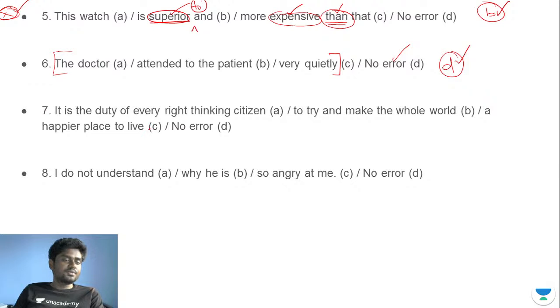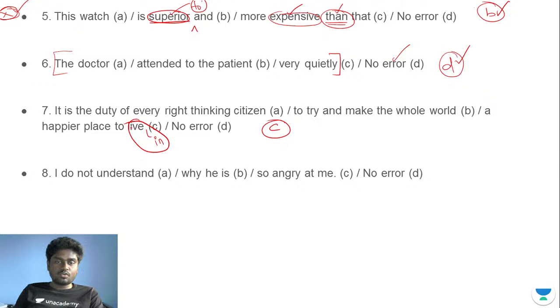The error is with option C. That's it. Why? Everything is perfect. The preposition in has to be inserted here. So it should be ending with what? It is the duty of every right thinking citizen to try and make the world a happier place to live in. Okay.